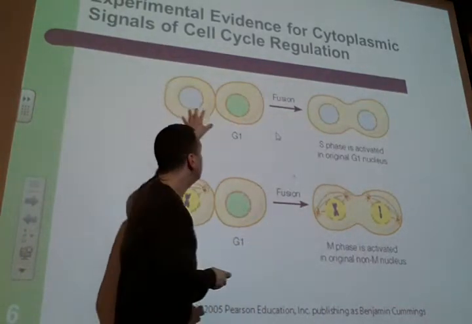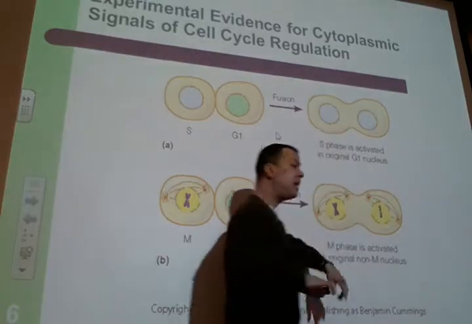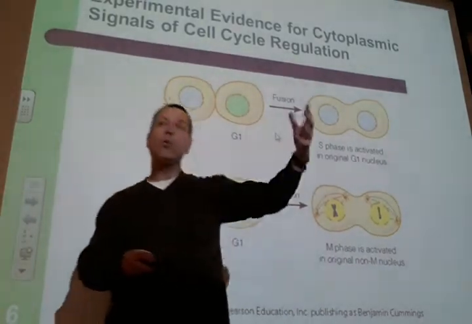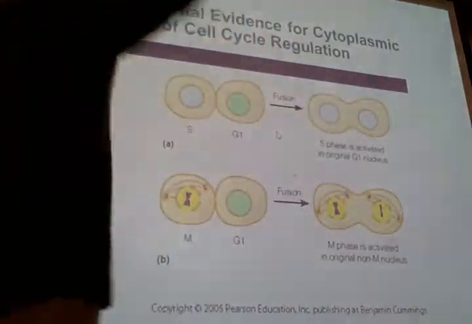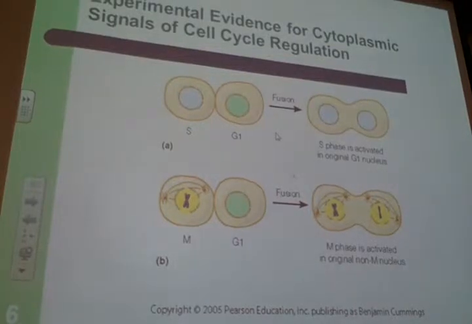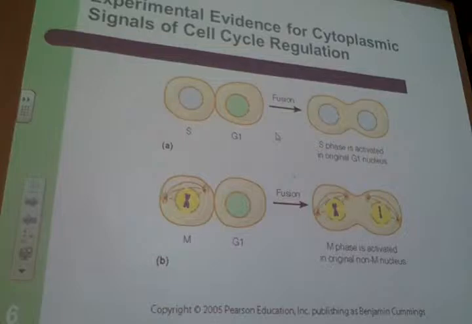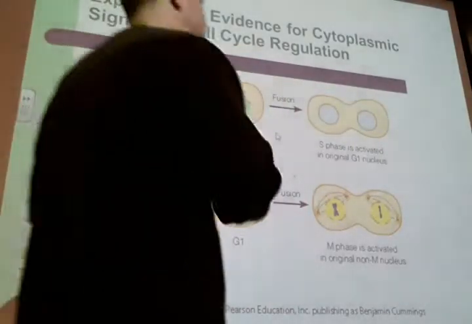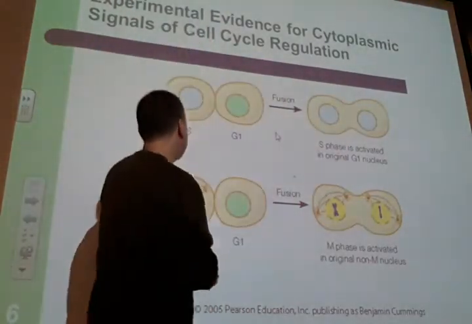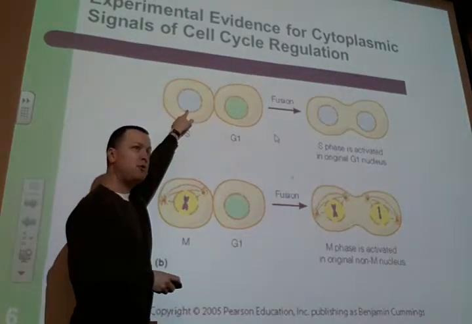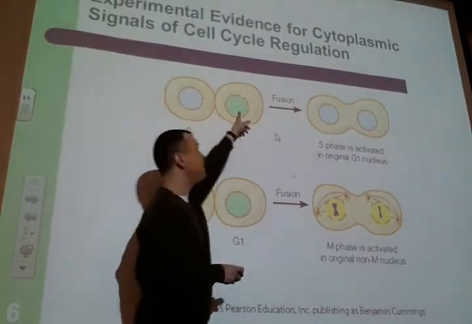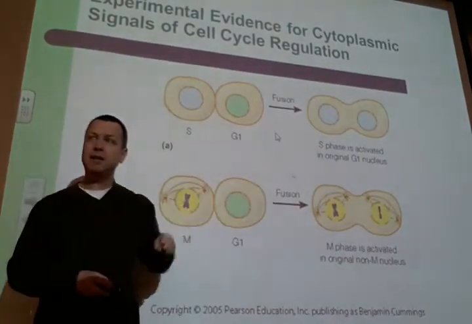When they fused them together, they found that the G1 nucleus gets pulled directly into S. It almost immediately starts to copy its DNA. Okay, so that gave them a little clue. Whatever pushed this nucleus into the S phase does the same thing to that one. It draws it immediately into S.